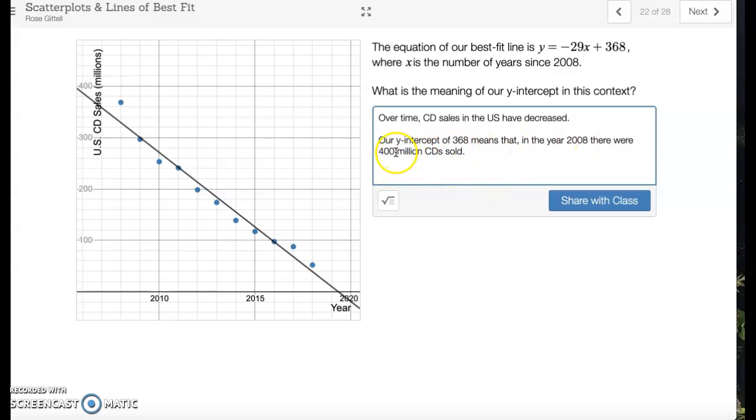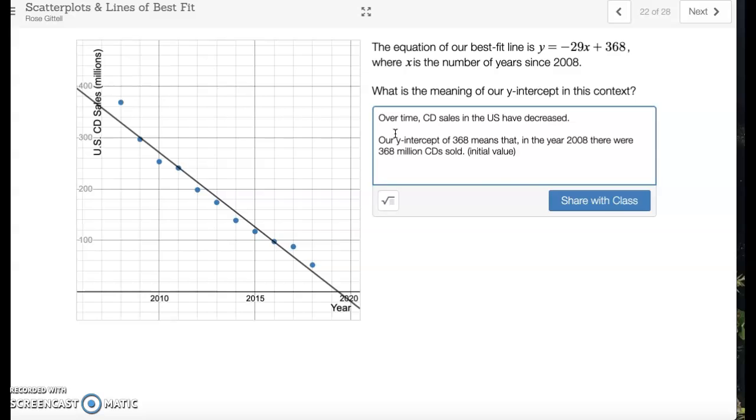And the 400, even though it looks like 400 on the graph, it's just under 400, so the value is actually 368, which I can tell from the y-intercept. So in the equation, and kind of on the graph, we can see that in 2008, there were 368 million CDs sold. I'm just going to put in parentheses here, that's like the initial value. So that's at the beginning of time, according to the graph, which is 2008, that's how many million CDs were sold.